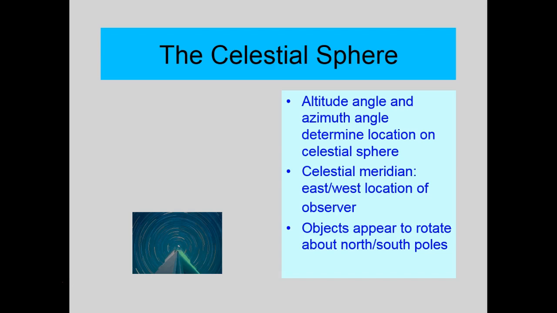There's another angle that we need, and that is how far around it is. Well, around from what? They call this angle the azimuth angle. This isn't, in my mind, a very important one, and I sometimes forget the exact definition of it.